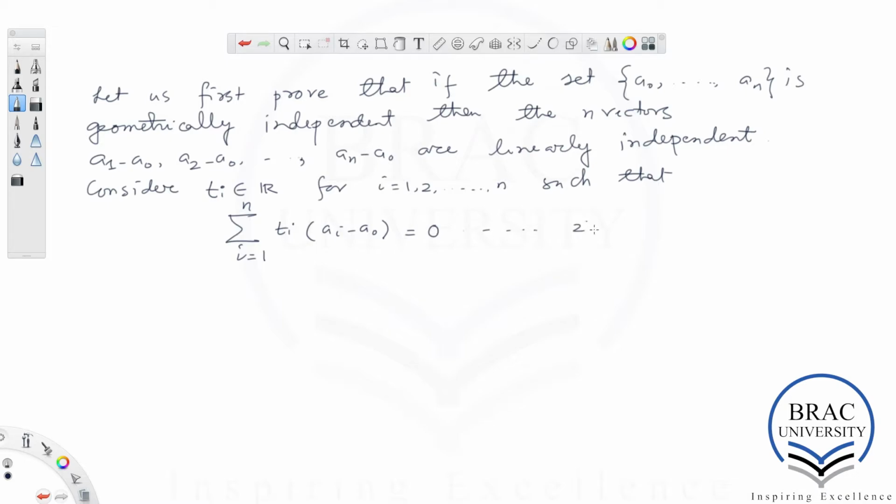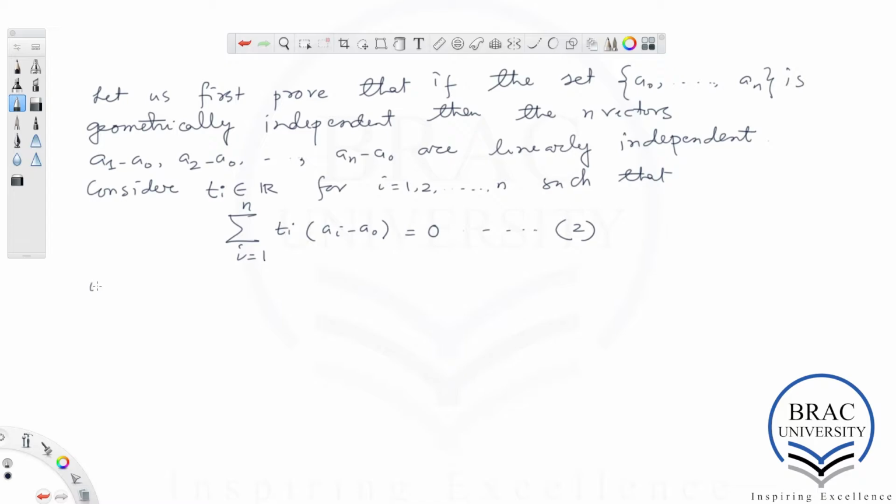We number this as equation number 2. So we choose ti's in the set of real numbers such that the expression on the left side is equal to 0.